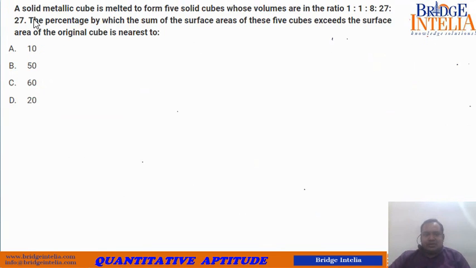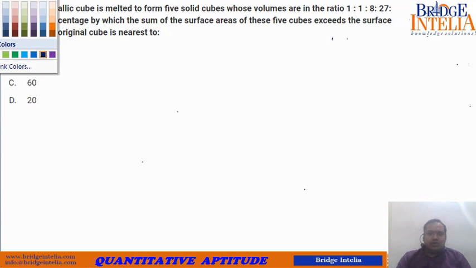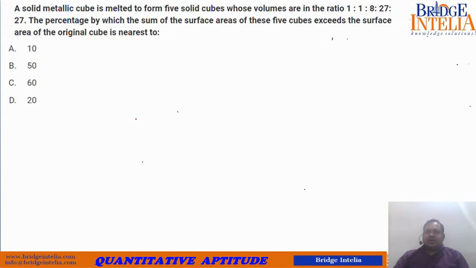The question is all about a solid metallic cube that is melted to form 5 solid cubes whose volumes are in the ratio 1:1:8:27:27. The percentage by which the sum of the surface areas of these 5 cubes exceeds the surface area of the original cube is nearest to.